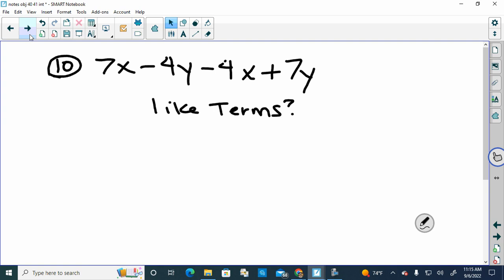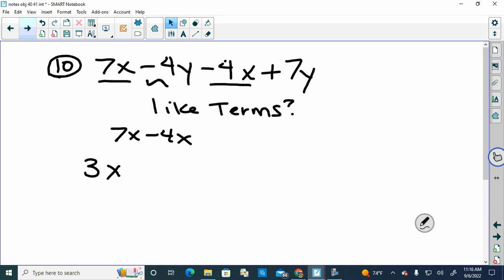And so we're looking for like terms. You can only combine the like terms that are exactly the same, even though they might have an x and a y together. Combining our like terms, we have a 7x and a negative 4x. 7x minus 4x gives me 3x. We're at 3x right now, and the x's are going to come before the y's.